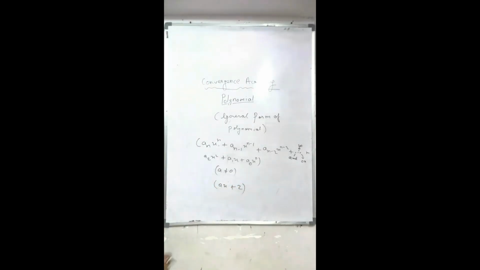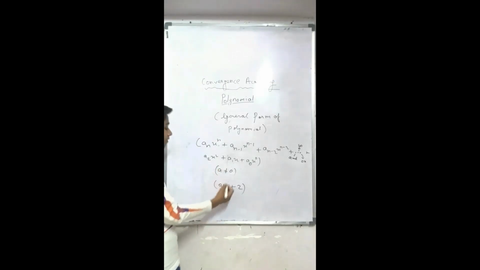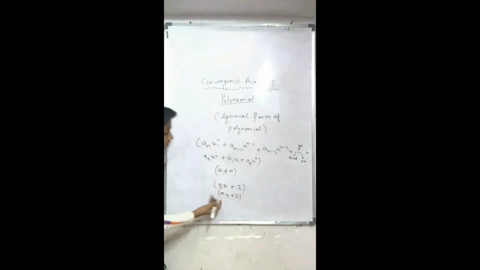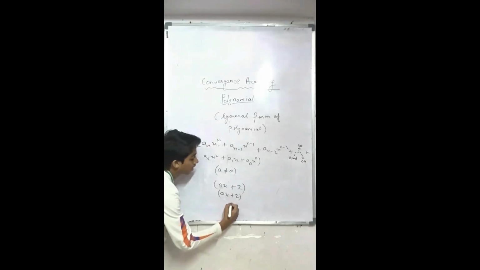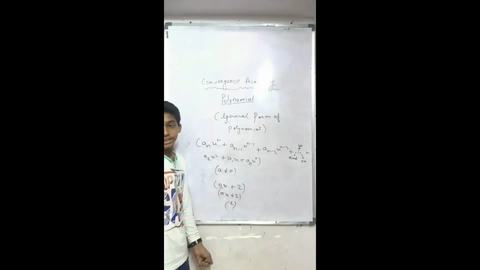So we apply this on this. If a is equal to 0, then we will get a0 x square. So you know that a into x plus 2 is equal to 2 only. So we want a linear equation, but we are not getting that.